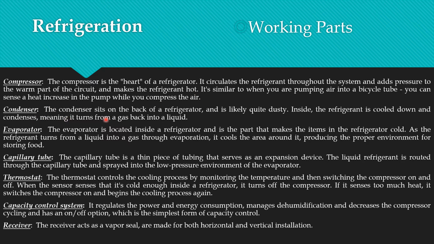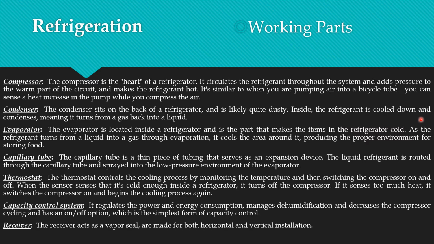The condenser is also at the back side of the refrigerator. Previously, the condenser coils were outside the fridge. Now it is in a concealed condition only. It is likely to be quite dusty if it is outside, so inside now they are keeping it.